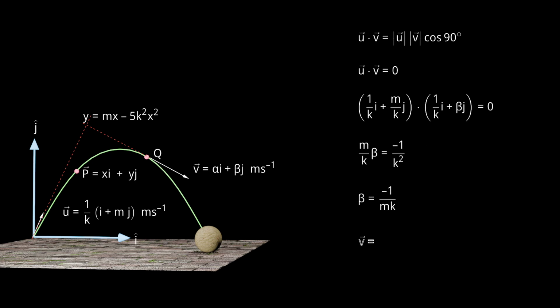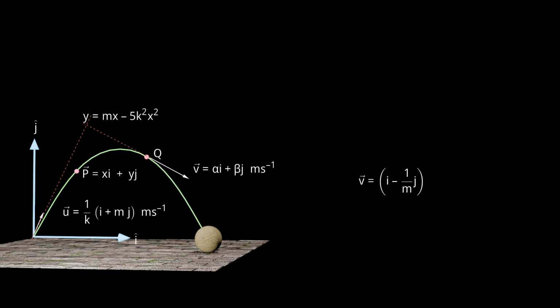Now that we have determined both alpha and beta, we can express the velocity vector v in terms of m and k. Since k is equal to 1, we can further simplify the expression. We have one more step to determine the horizontal displacement to point Q. By applying this velocity equation in the vertical direction, we can find the value of x. We will start by substituting the vertical velocity at point Q, along with the initial velocity in the same direction.